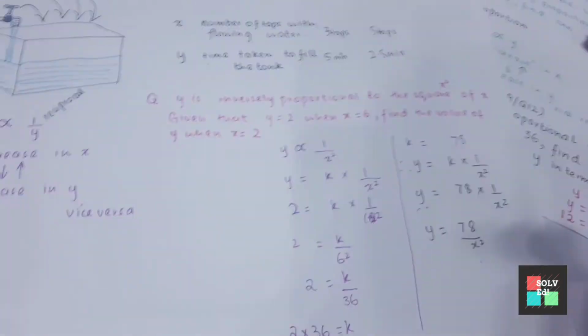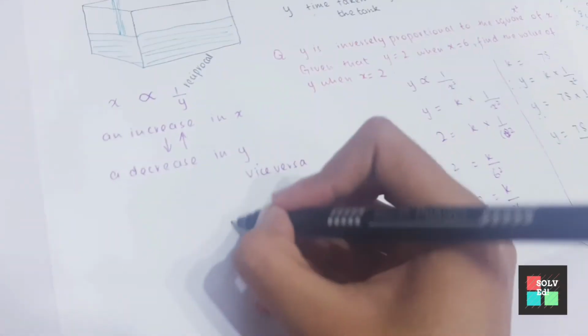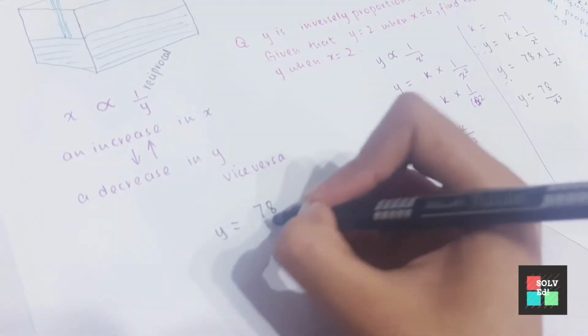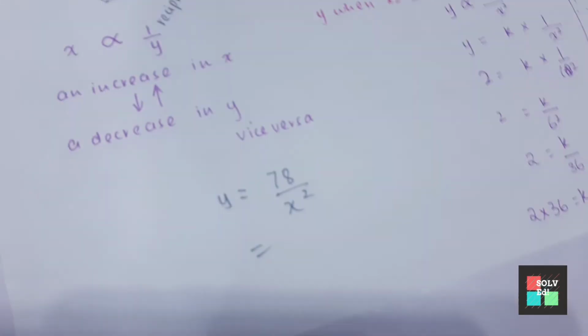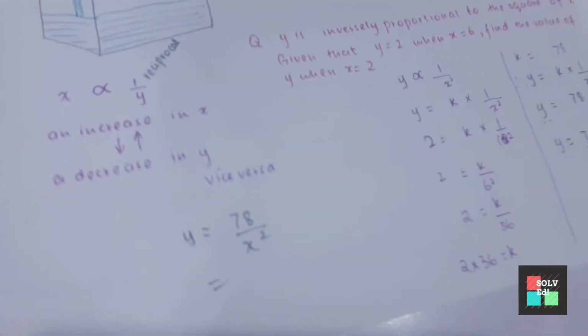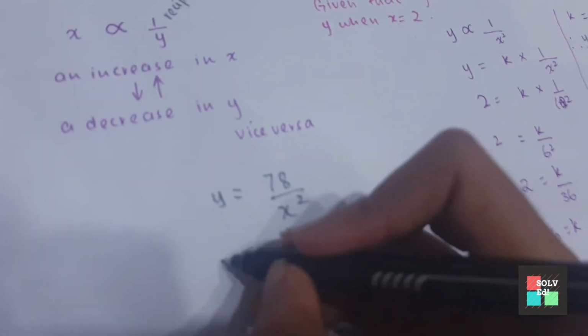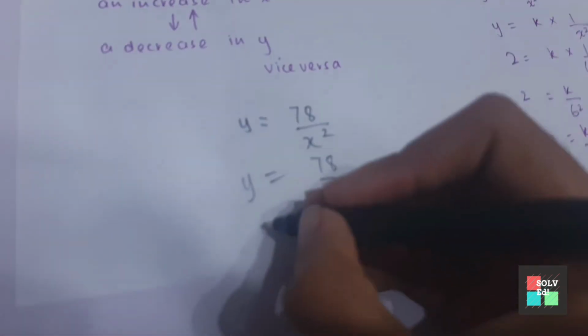The question is more direct. The question further on says, find the value of y when x equals 2. So we're just going to take this formula right here, y equals 72 over x squared, and we're going to take this known variable right here, x equals 2, place 2 squared right here, and then we're going to find our y, which is our unknown variable.